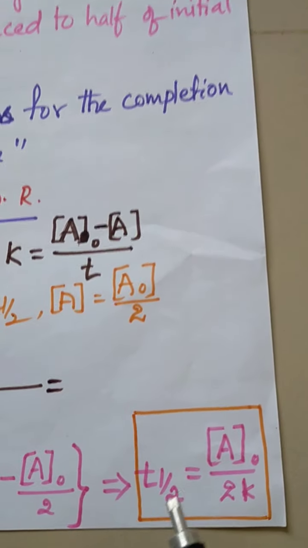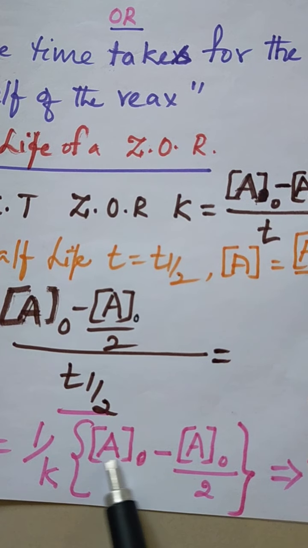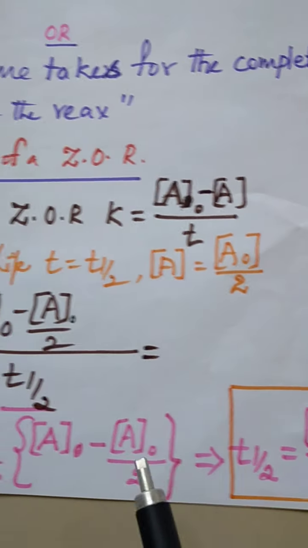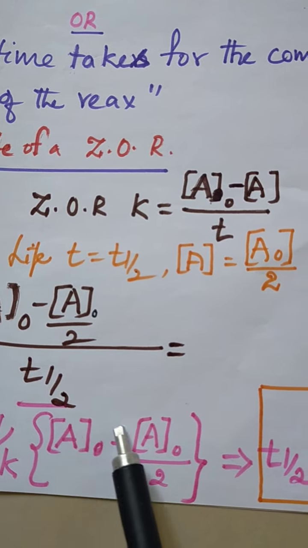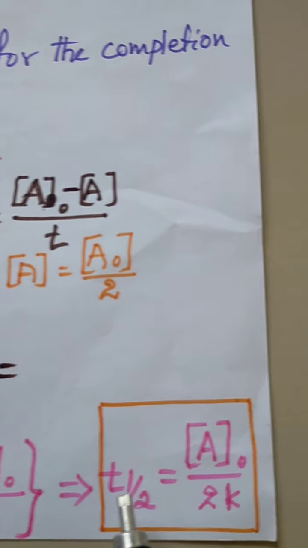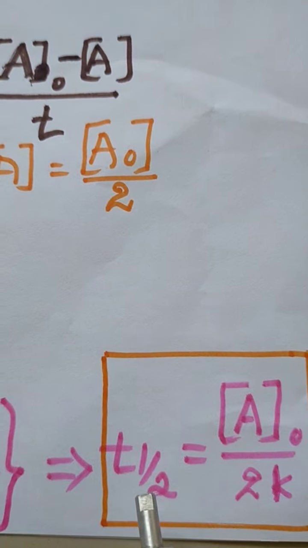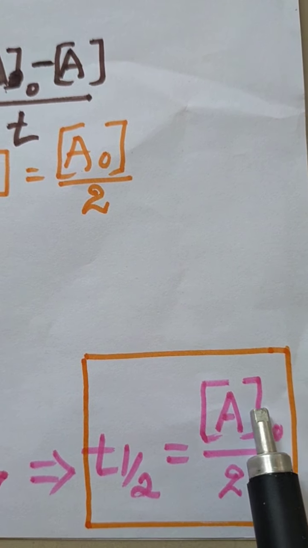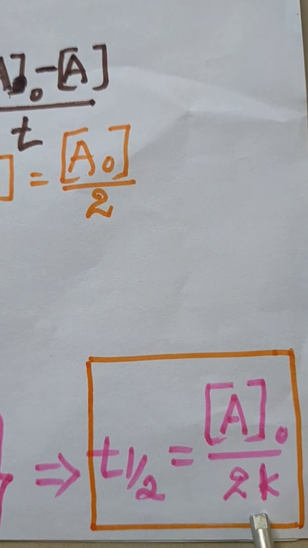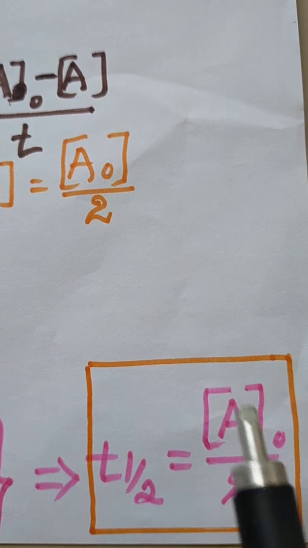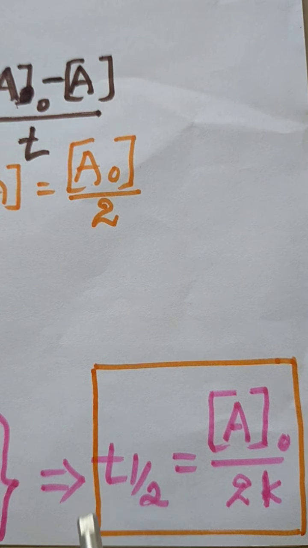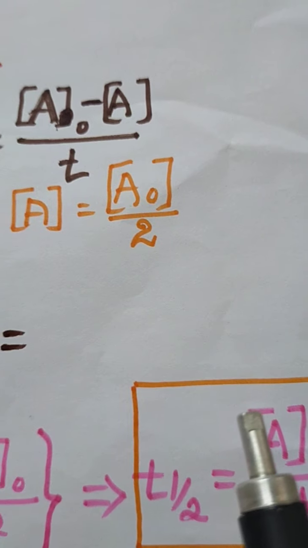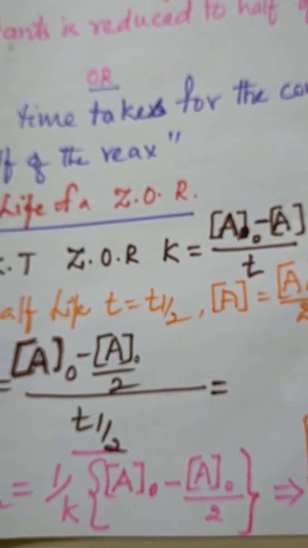By taking the LCM we get 2, and then 2K, and by simplifying we get the half-life of the zero order reaction: t half is equal to A naught, the initial concentration, divided by 2K. You may be asked sums on this, and also the definition for the half-life of a zero order reaction.